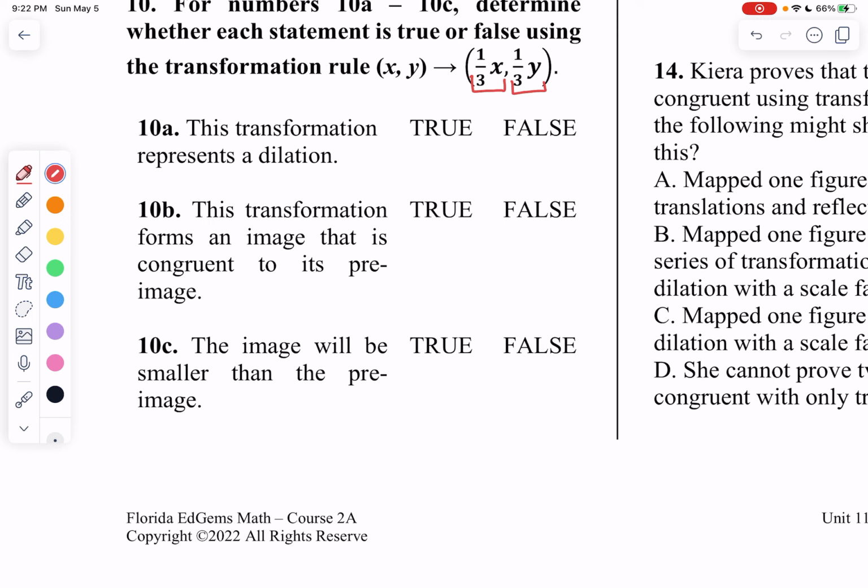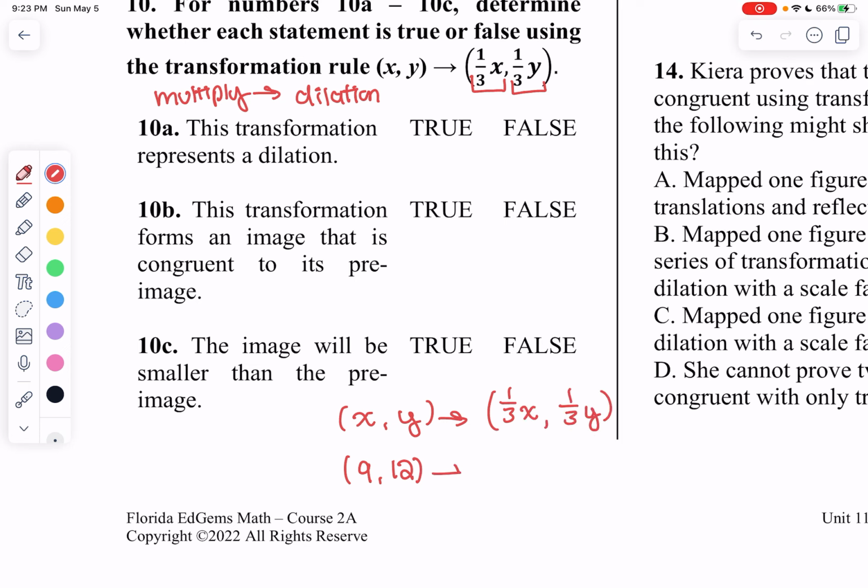That tells me multiply. What I want us to think in our heads is that when we're multiplying x and y, that is a dilation, people, just like we saw with multiplying our points by 2. Okay, if I had an x and a y, like 9, 12. Okay, and I transformed them with this rule, 1/3 x, 1/3 y.